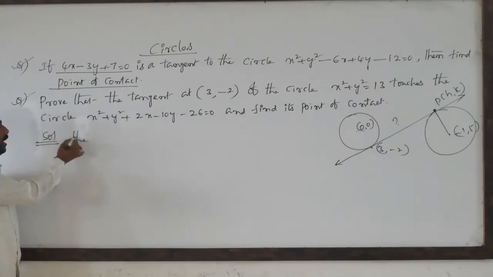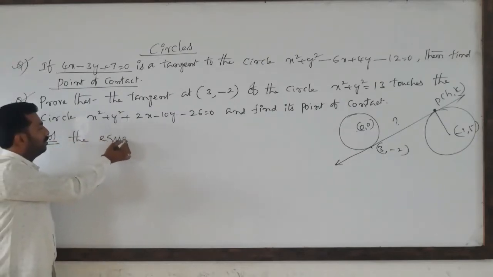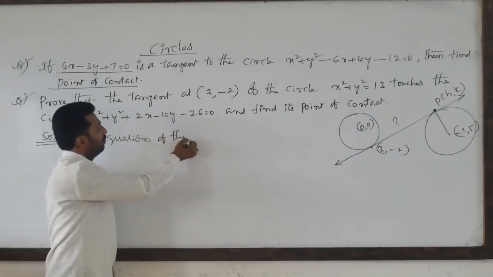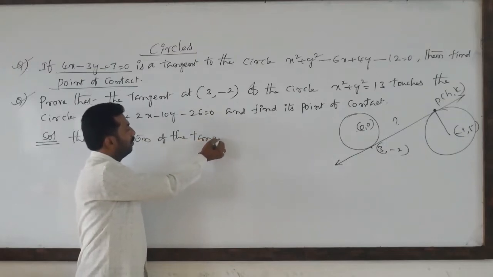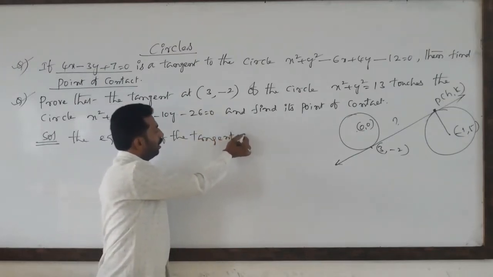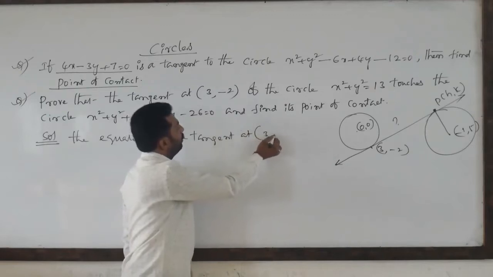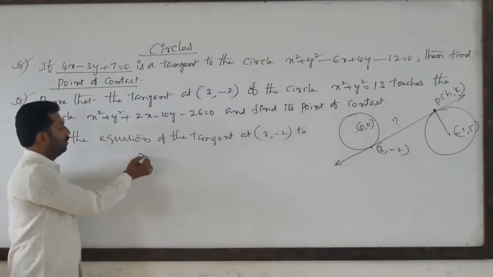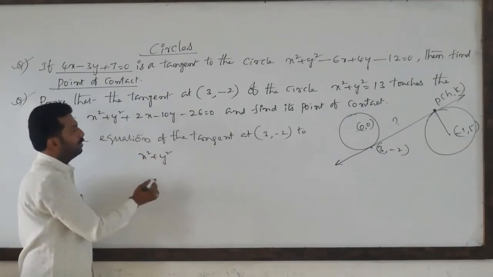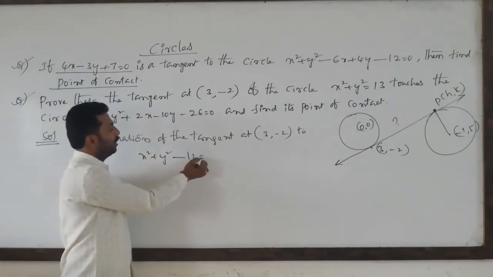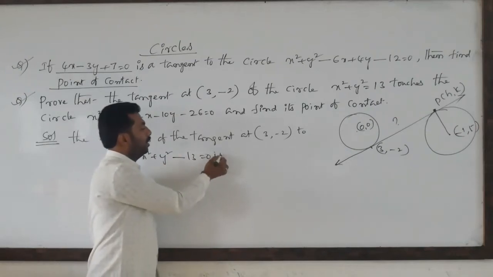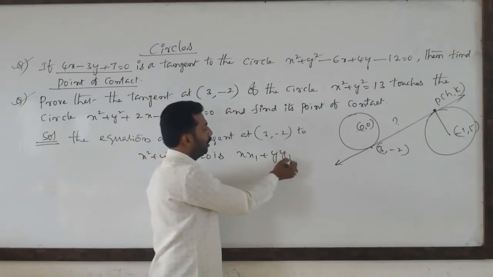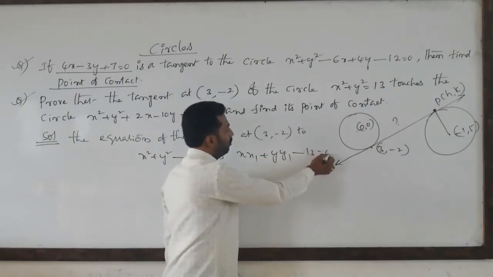The equation of the tangent at the point 3 comma minus 2 to the circle x square plus y square minus 13 equal to 0 is, last class I told the formula, x x1 plus y y1 minus a square equal to 0.